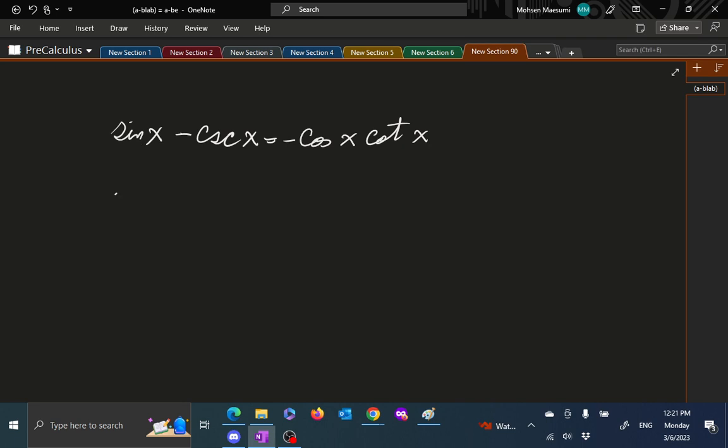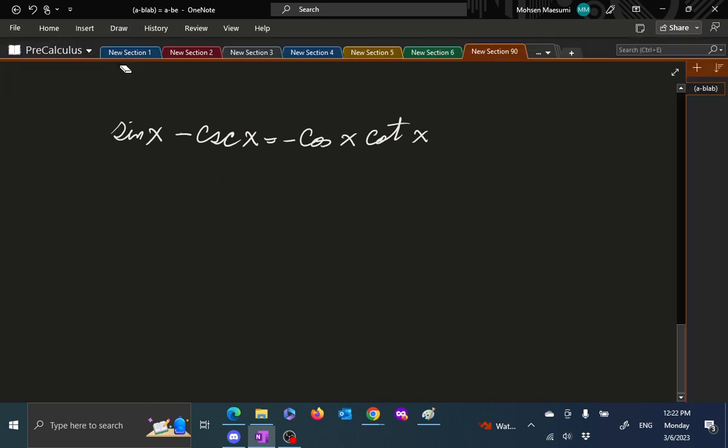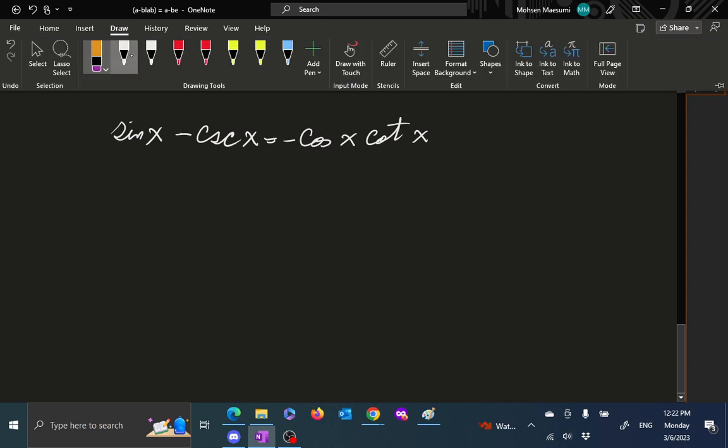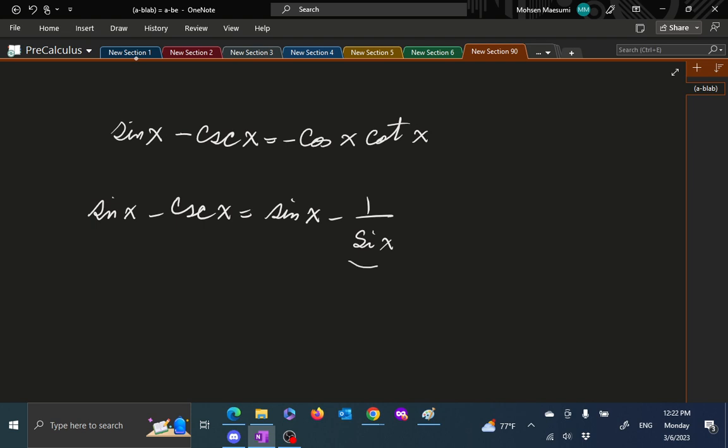So let me start again: I start with sine of x minus cosecant of x, and next I say this is same as, of course, sine of x minus 1 over sine of x. So what did I do here? I used the reciprocal identities.